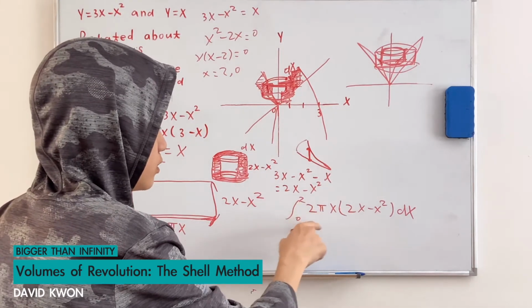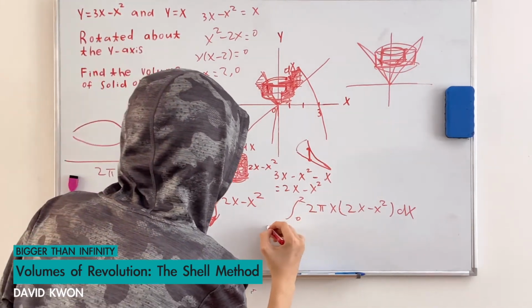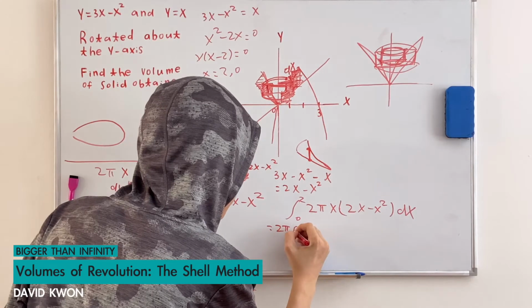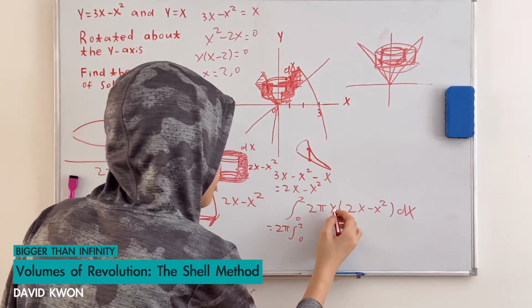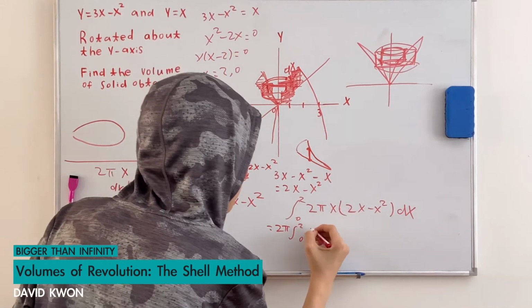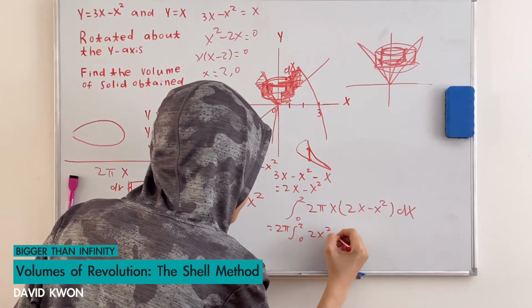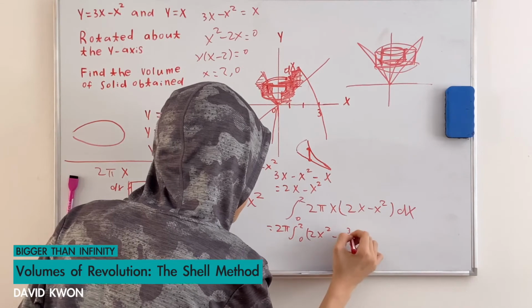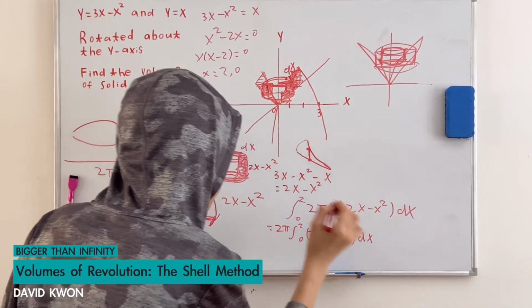Since 2 times pi is a coefficient, it can come up front. Then we multiply x by 2x minus x squared, so we have 2 times x squared minus x cubed, times dx.